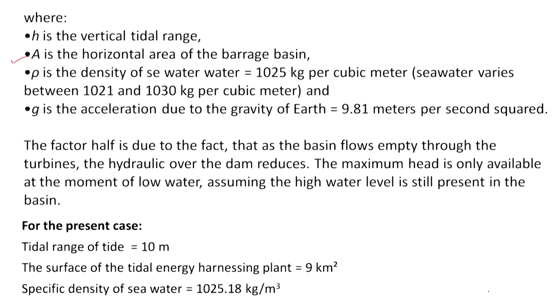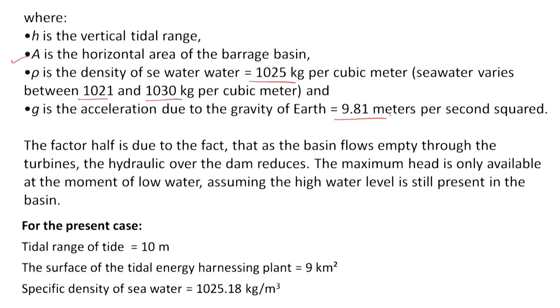The density of sea water normally varies from 1021 to 1030 kg per cubic meter, so you can assume any value in between. The average taken is 1025 kg per cubic meter, and G is the acceleration due to gravity of earth, 9.81 meter per second square.